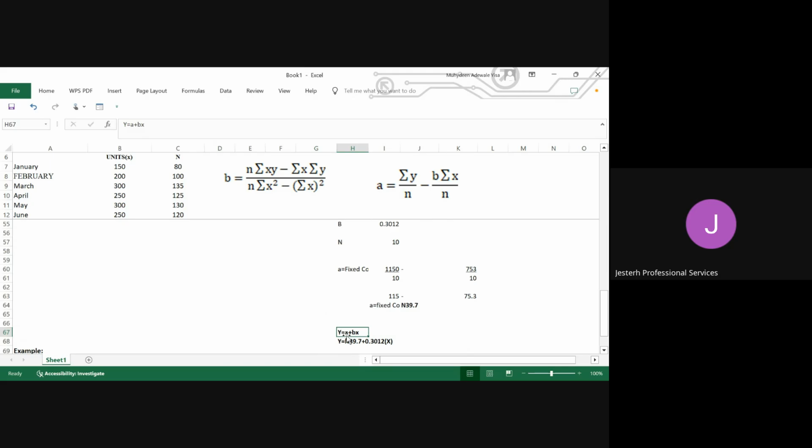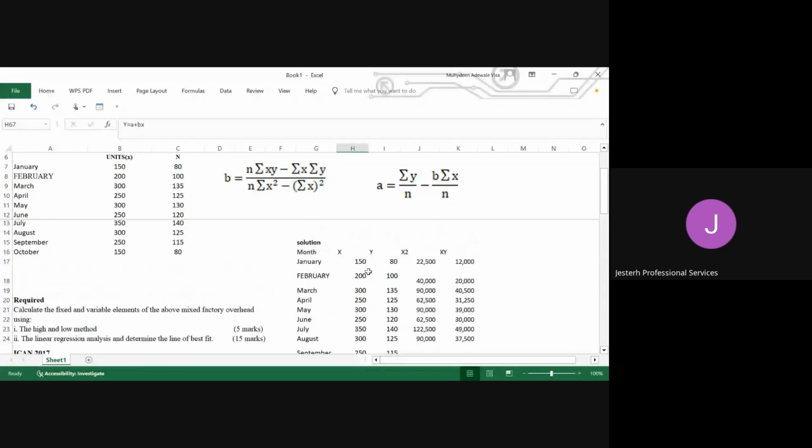In linear regression, we only use it to determine our level of activities so that we can arrive at the variable cost and then the fixed cost. We can also assume that X stands for the total level of activities.